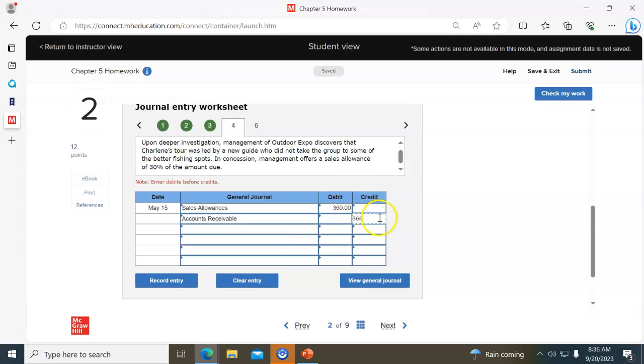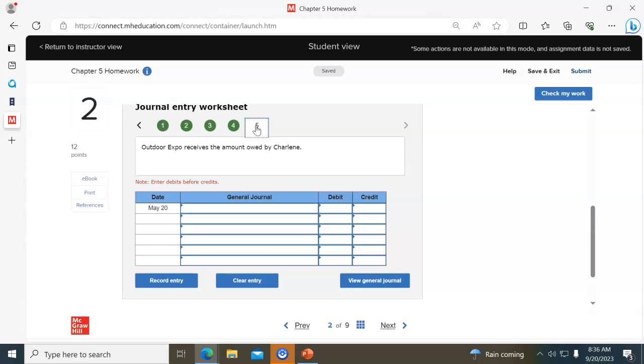Right? Oh, God. No. Not accounts receivable. Tour revenue. Tour revenue is the revenue. And then these sales allowances are going to reduce our revenues, right?